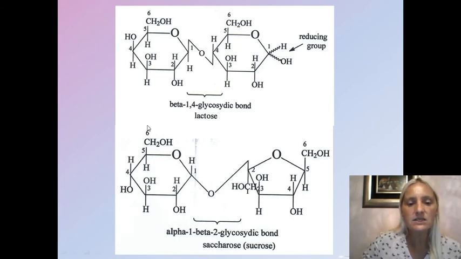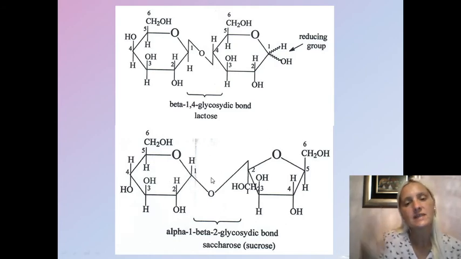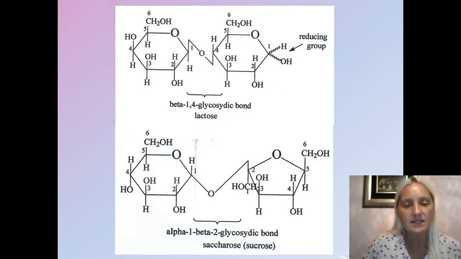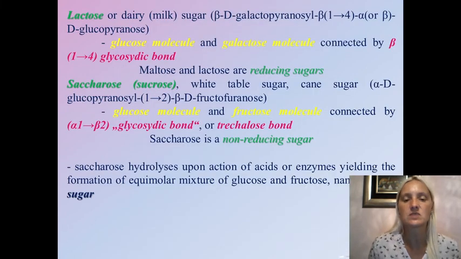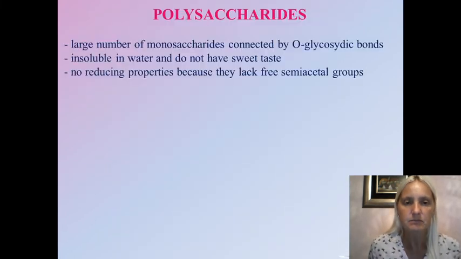This bond is formed upon the reaction of both semiacetal groups, alpha on C1 of glucose and beta on C2 of fructose. So we don't have another reactive OH group here, so sucrose does not exhibit reducing properties.